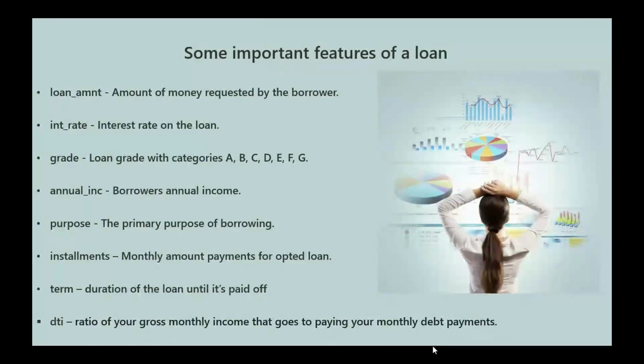Purpose, the reason the borrower is applying for a loan. Installment, the EMI to be paid at regular intervals on a loan amount. Term, the duration in months the borrower opted for. DTI is the debt to income ratio, the ratio of monthly debt payments to your gross monthly income.